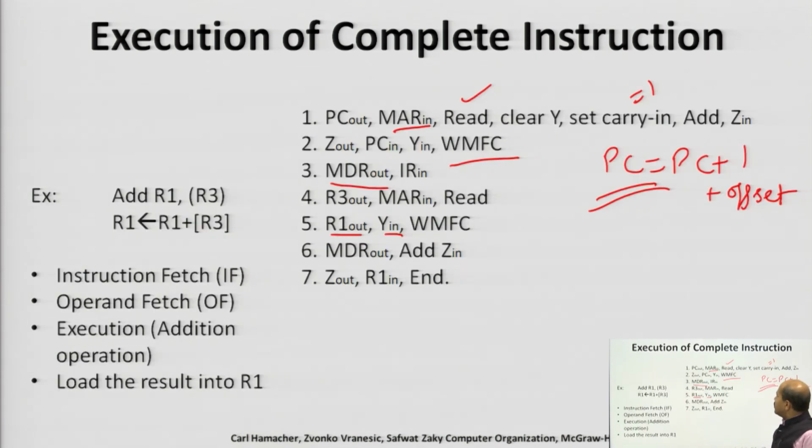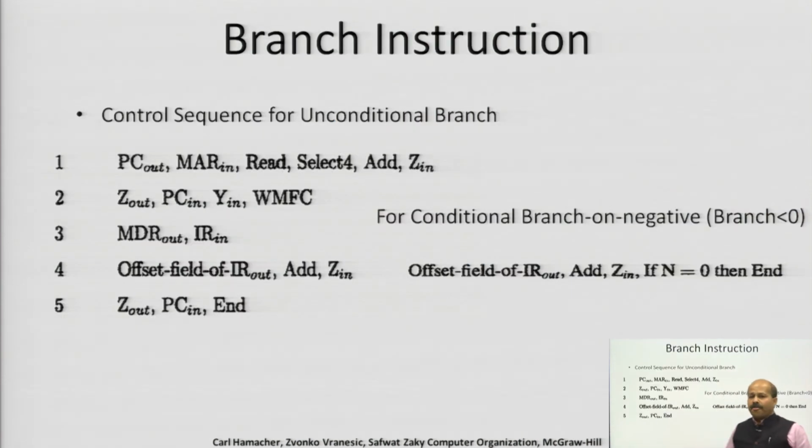So, MDR out should be enabled, and we can perform add, and the result will be available in the Z register, Z in. After that we can transfer this data to the R1 register, Z out and R1 in, and finally we write the end signal. This way we can perform the instruction execution of R1 equals R1 plus R3.